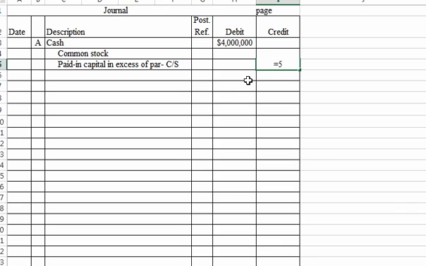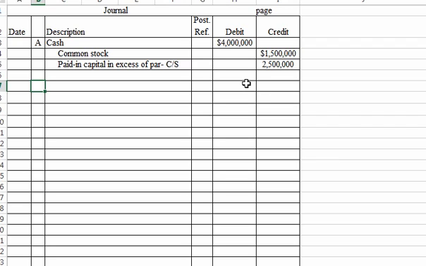That difference is 5. So we could say 5 times the 500,000 shares issued, and that also gets us 2.5 million. Okay, so there's just a couple ways to go about that. I'd probably try it both ways, make sure you get the same answer either way you go. If not, figure out what you're missing or doing incorrectly.